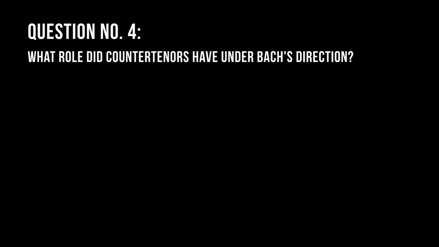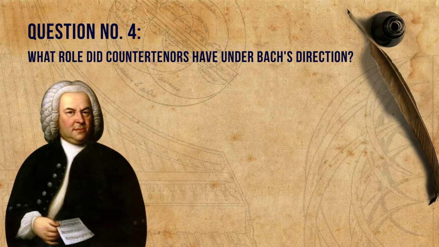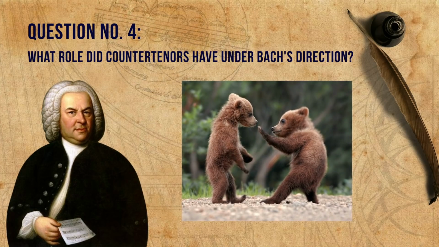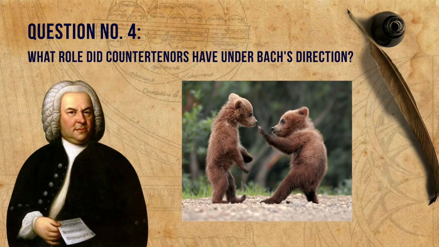Question number 4. What role did countertenors have under Bach's direction? Well, who Bach's singers may have been is a terribly complicated issue, which has been debated for decades without any clear conclusions being reached.